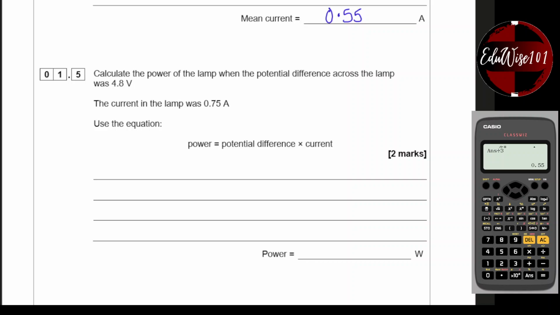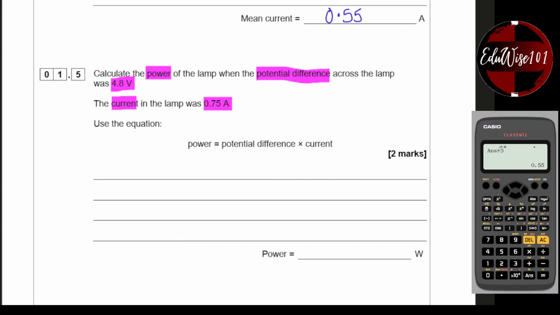Question 1.5. Calculate the power of the lamp when the potential difference across the lamp is 4.8 volts. So the potential difference is 4.8 and the current in the lamp is 0.75 amps. For power, use the equation.